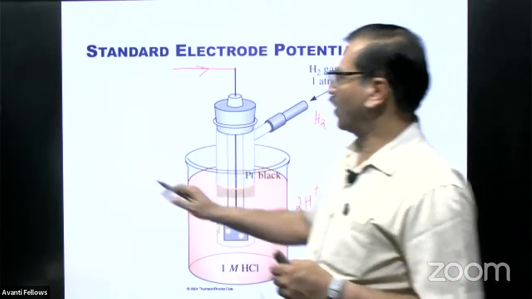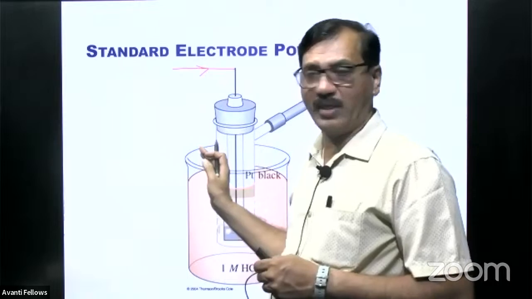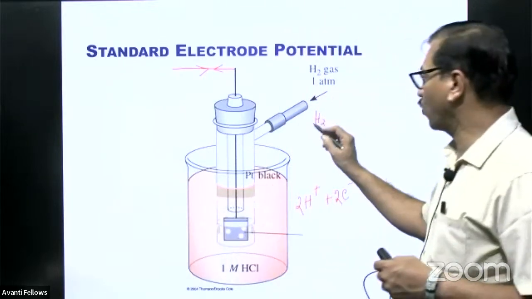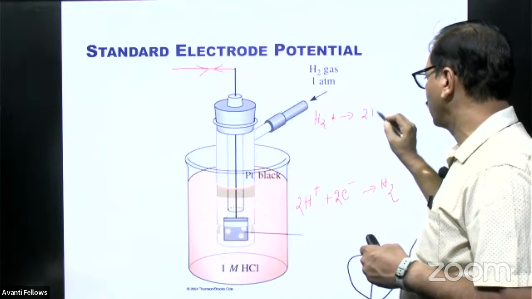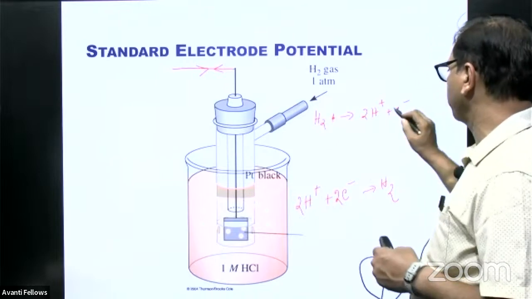Suppose the copper half cell is connected. Copper is less reactive than hydrogen, which means hydrogen gas has to give electrons, so it will undergo oxidation. Therefore, it produces 2H plus ions and 2 electrons.